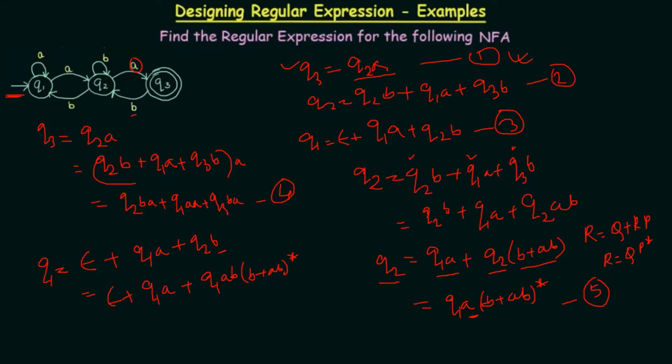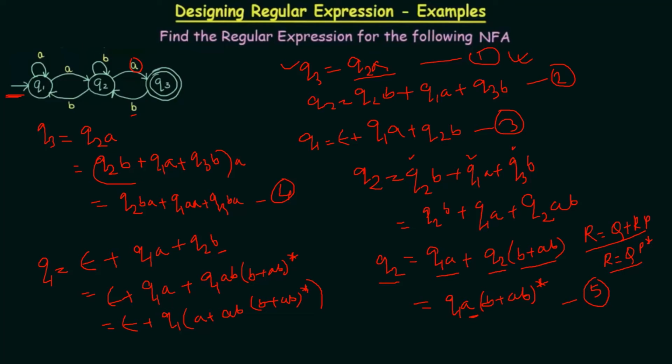Now if you look into this, you are going to find that if I take Q1 common, it is again going to look like the RP star thing, Arden's theorem, that is R equals Q plus RP, so R equals QP star.